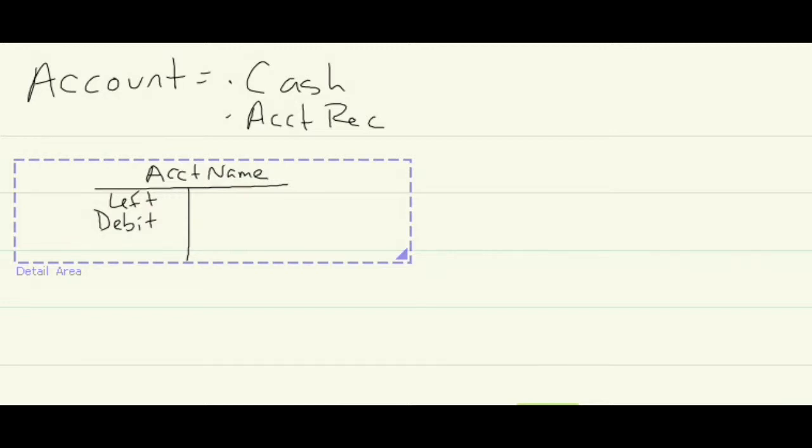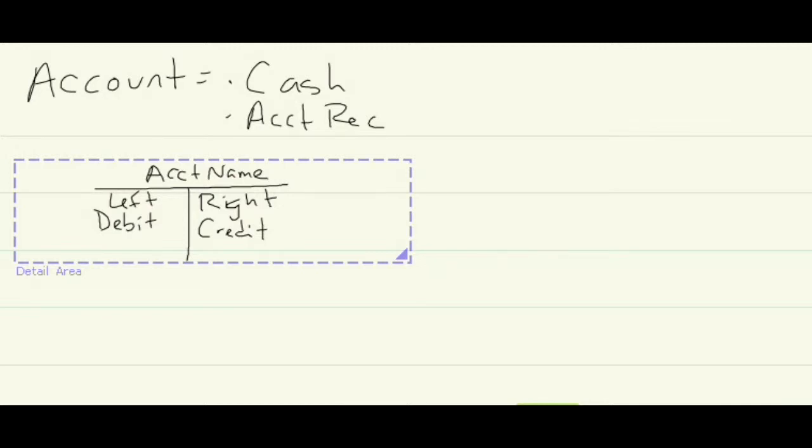Nothing else. Debit means left side. And then on this account, we have the right side, and I want you to, again, disassociate whatever you think you know about what a credit is. Wipe your memory banks clean, and from now on, when we use the word credit, we're talking about the right side of an account.